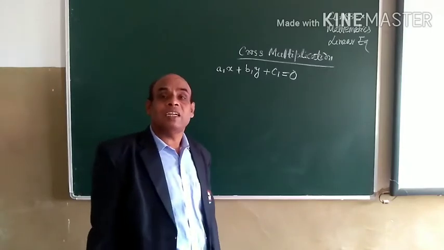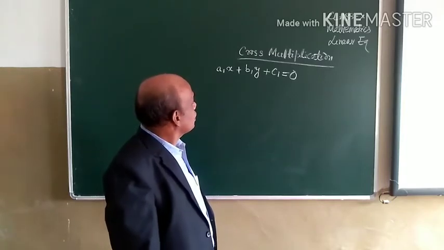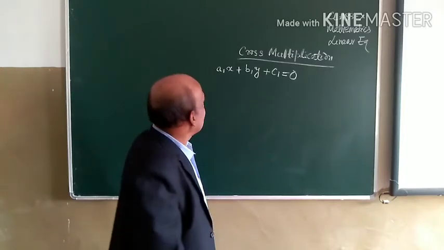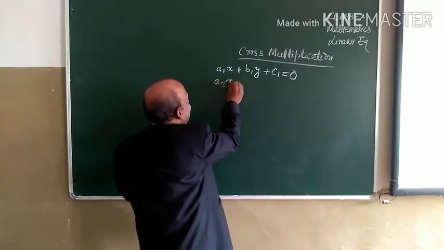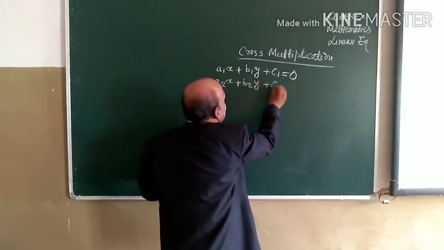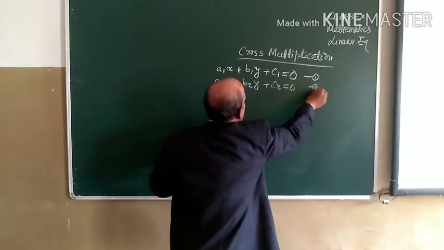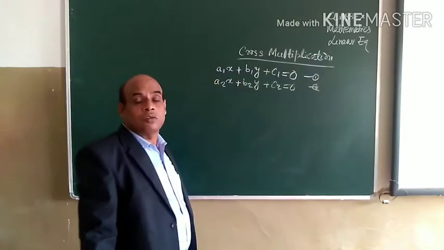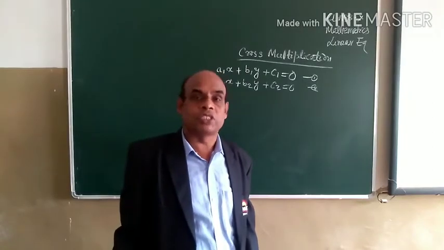Two variables are x and y. So this is the first equation. Let's say the second equation is a2x plus b2y plus c2 is equal to 0. So these are the two simultaneous equations.